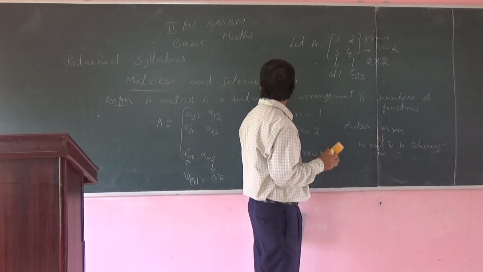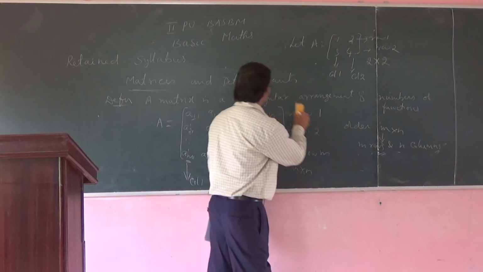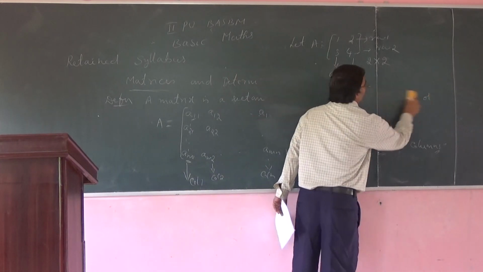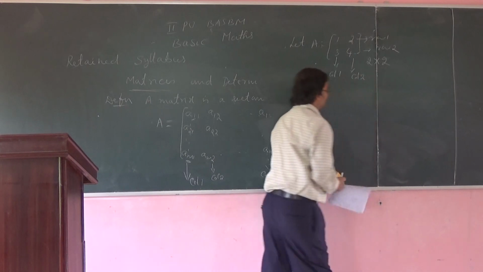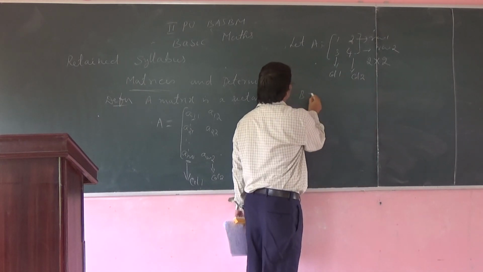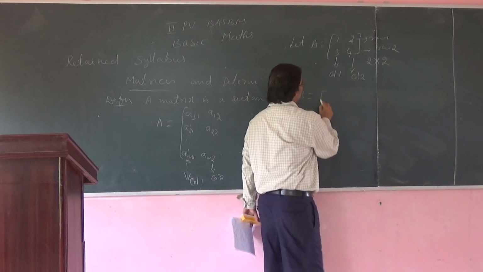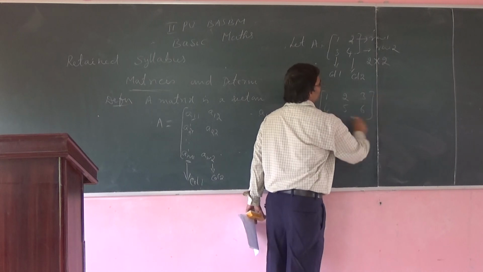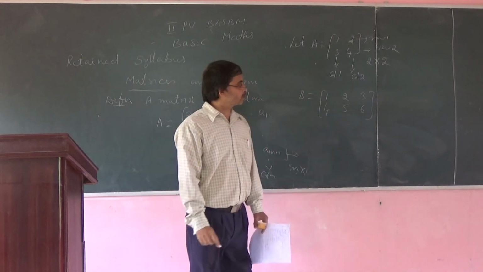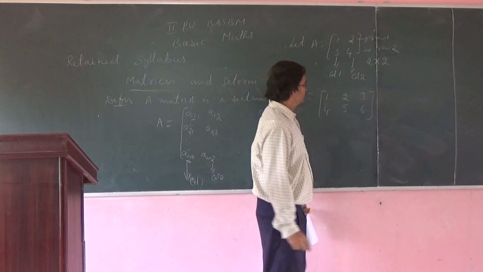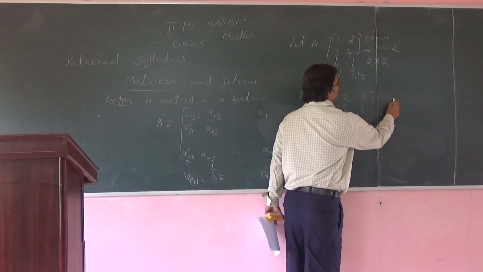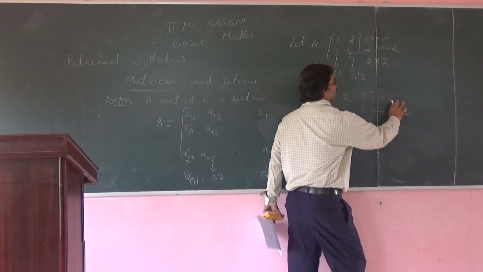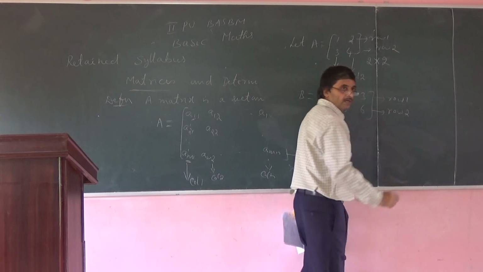Next, I will give some more examples. Say I will use another letter, B. Let B equal 1, 2, 3, 4, 5, 6. In this example, observe that there are two rows, row number 1 and row number 2. How many columns are here?